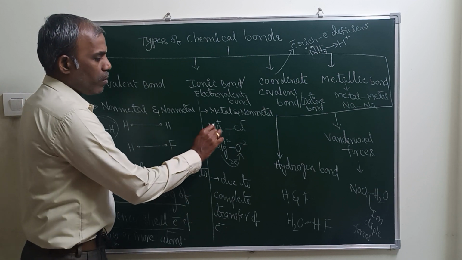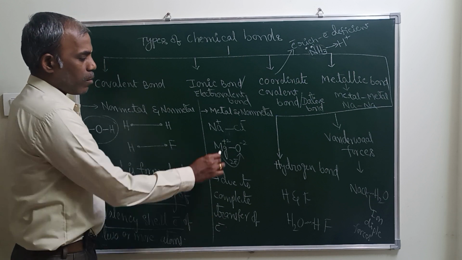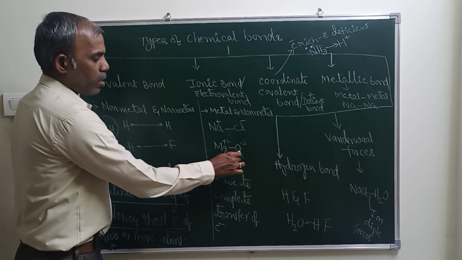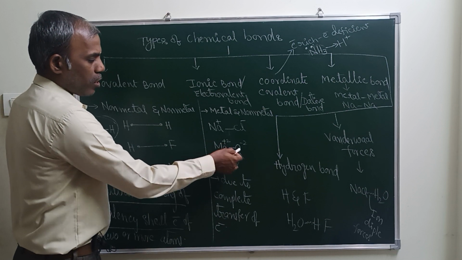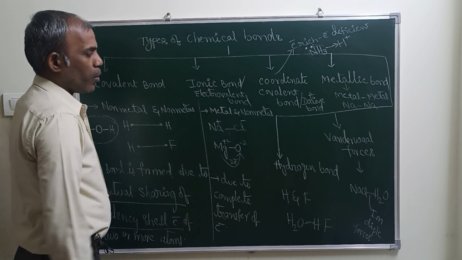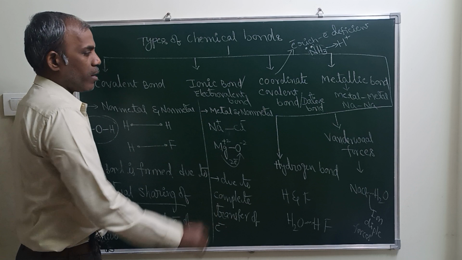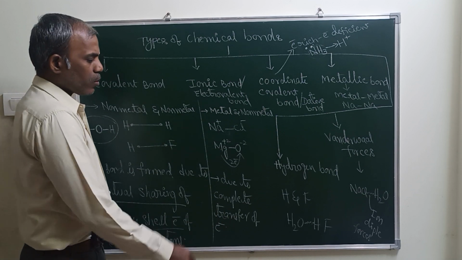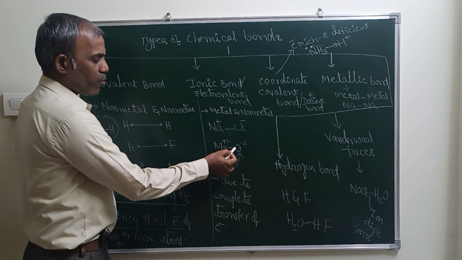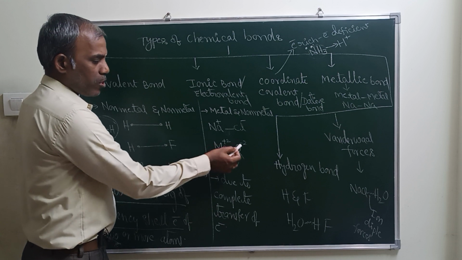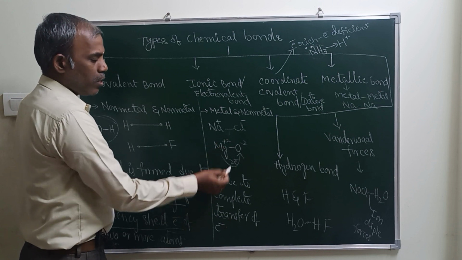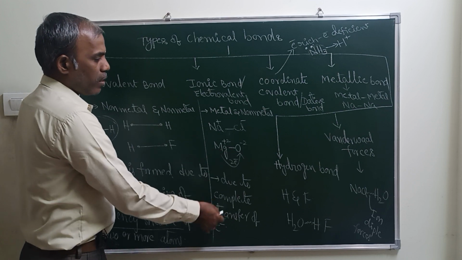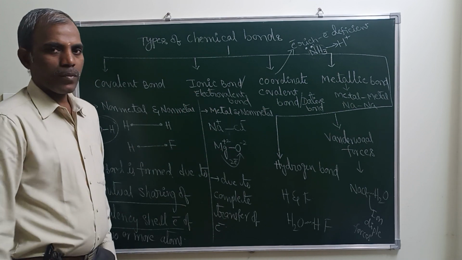Electrons are transferred from metal to non-metal, and the metal gains positive charge and non-metal negative charge. That attractive force between oppositely charged ions is ionic bond, also called electrovalent bond. So it is simply an electrostatic force of attraction between metal and non-metal.